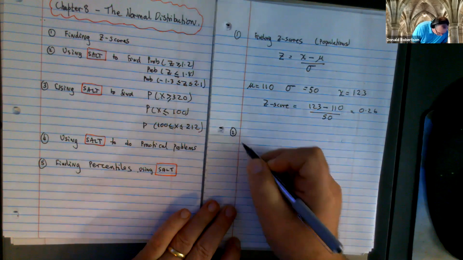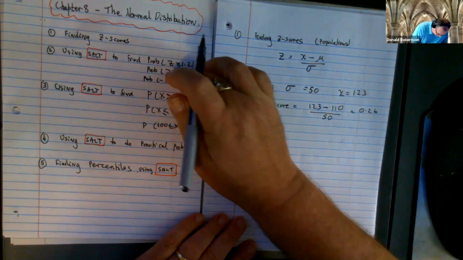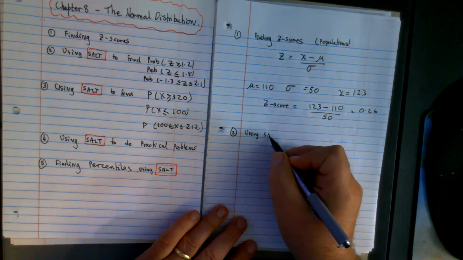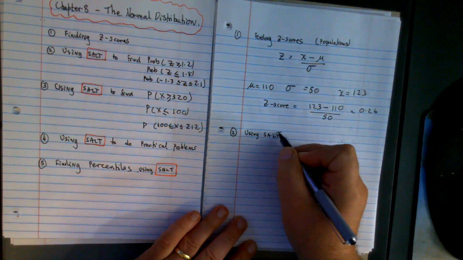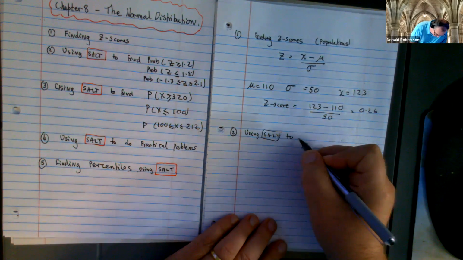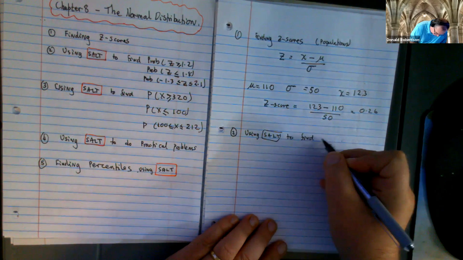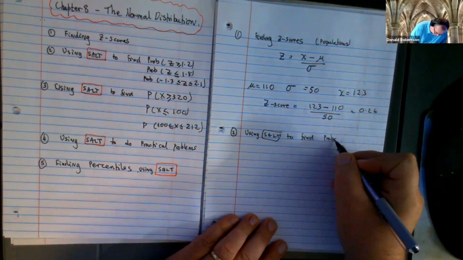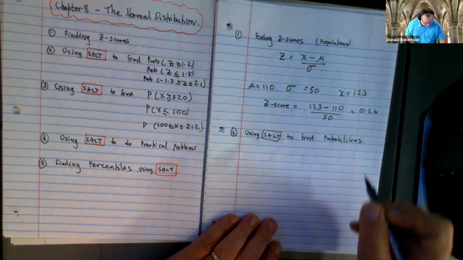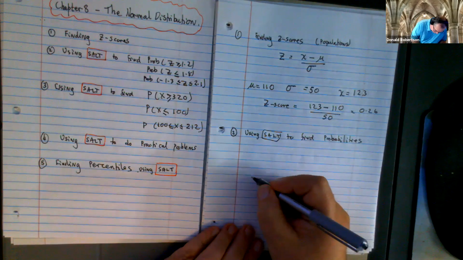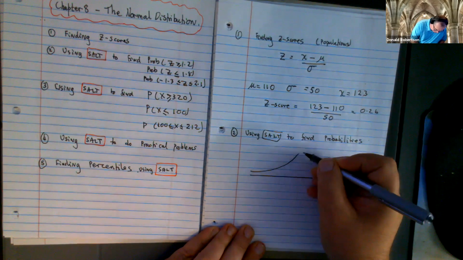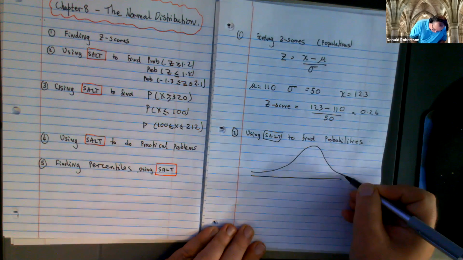The second thing we're going to look at now is using SALT. That's the program that we use for statistics inside Web of Science, to find probabilities. So a little background before we start using SALT. We imagine that we have the normal distribution.